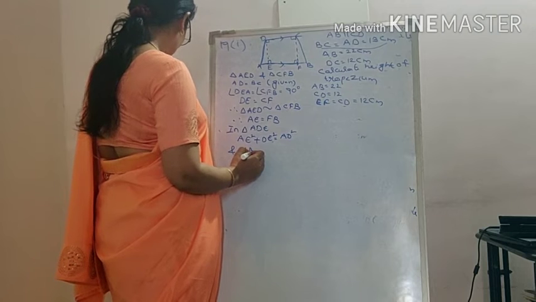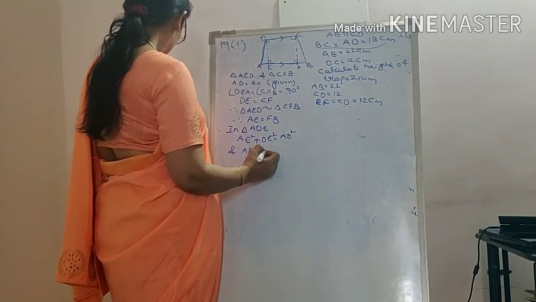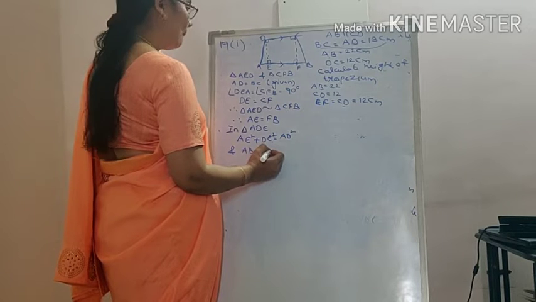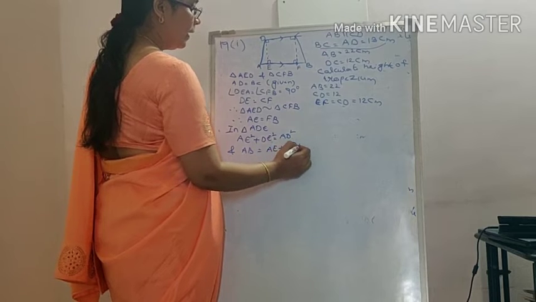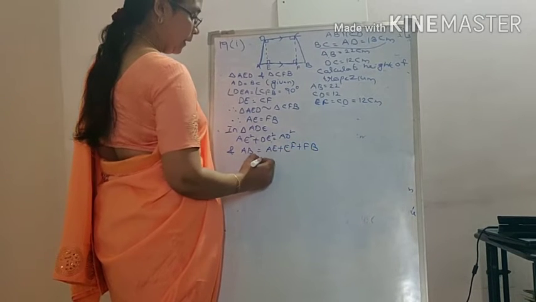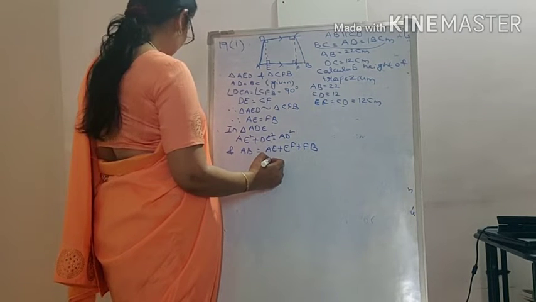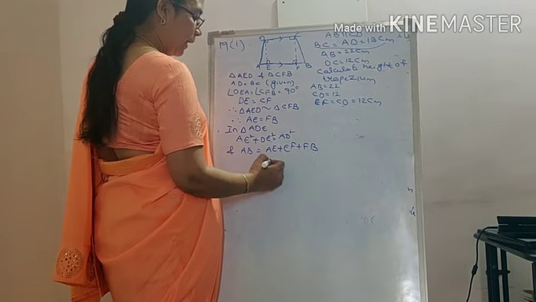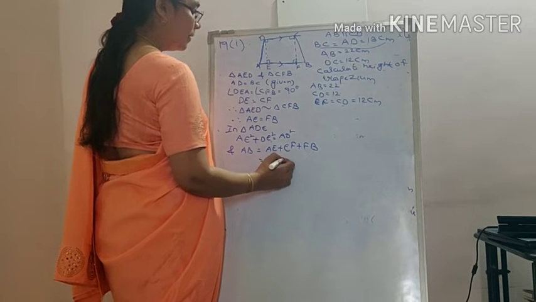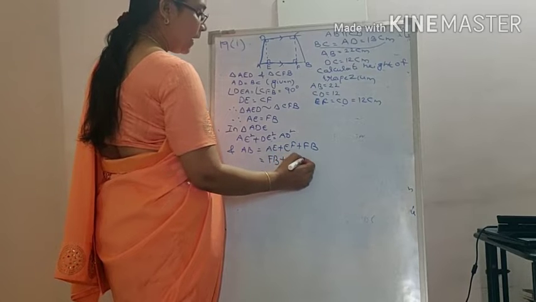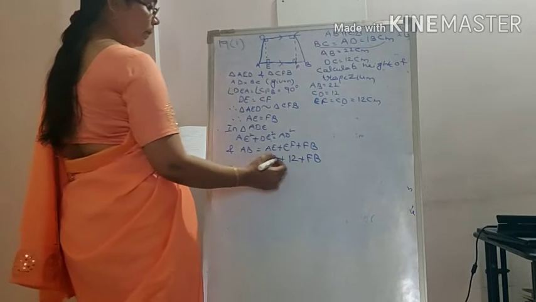AB can be written as AE plus EF plus FB. Just now we had said that AE and FB are equal. So instead of AE, we can write FB, and EF we are saying is equal to 12.